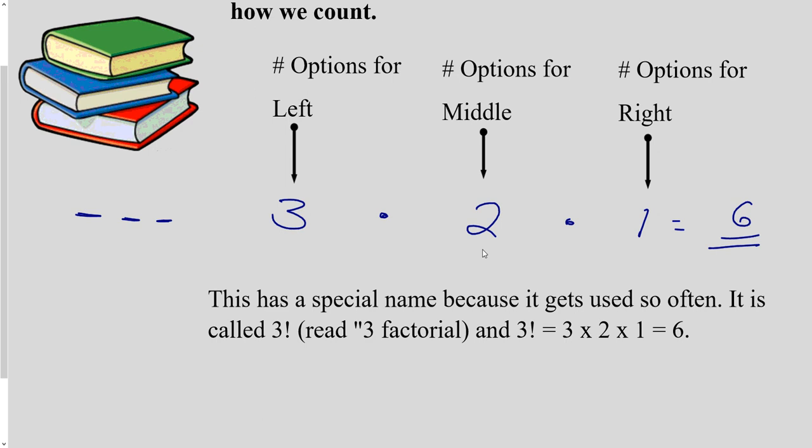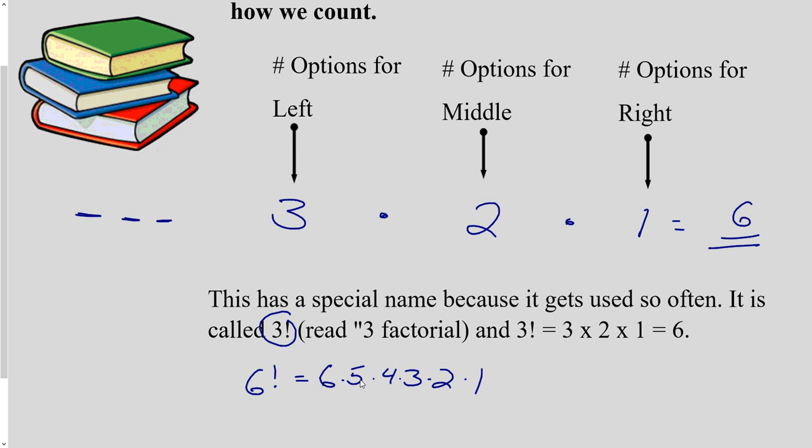So 3 times 2 times 1, or 5 times 4 times 3 times 2 times 1, we call it 3 factorial, and we write it like this, 3 exclamation point. So 6 exclamation point, or 6 factorial, would be how you'd read that. Would be 6 times 5 times 4 times 3 times 2 times 1. A major application of factorial is in counting, in finding the number of different ways to organize things.